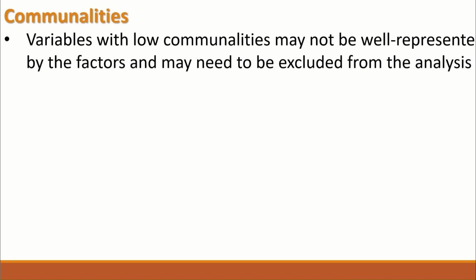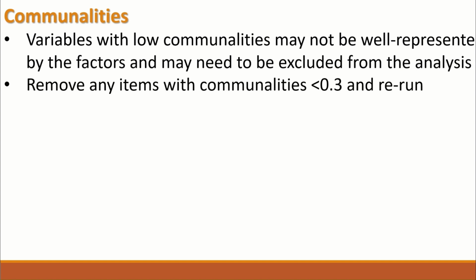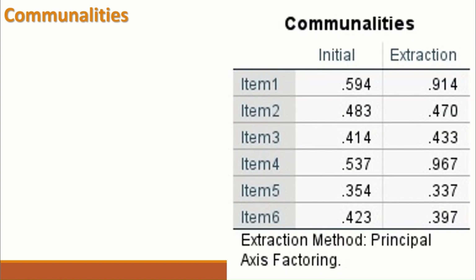So variables with low communality may not be well represented by the factors and may need to be excluded from the analysis. So when there is a communality value of less than 0.3, then omit the item and perform the analysis again.